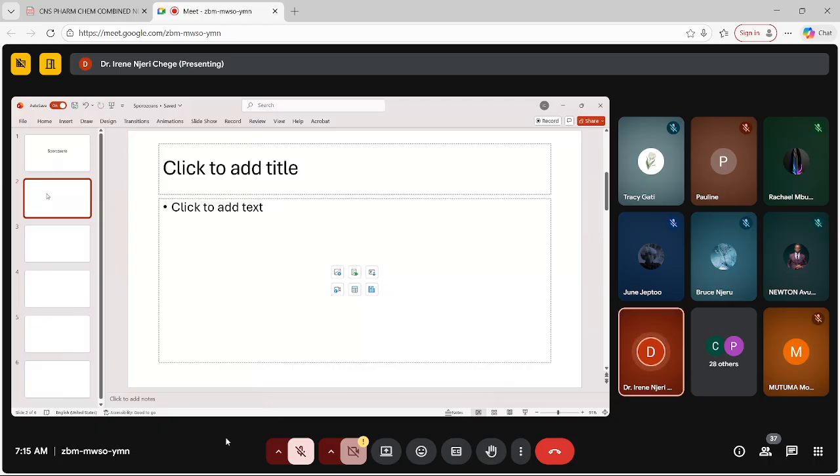So there's this branch, apart from the amoeba and the flagellates, that are called sporozoans. And under sporozoans, we have Plasmodium. We have T. gondii. We have Babesia.